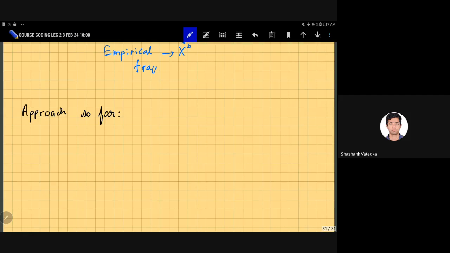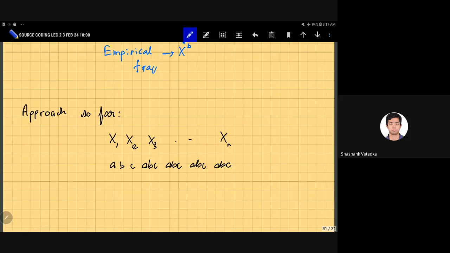We first assume that we don't know the distribution. So what do we do? We first observe x1, x2, x3 up to xn. Maybe it's of the form a, b, c, a, b, c, a, b, c, a, b, c, a, b, c. Okay. Let us suppose that this is the sequence that we observe.